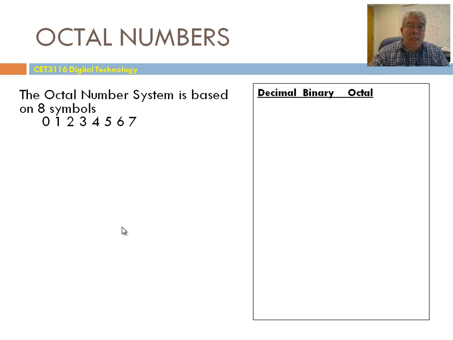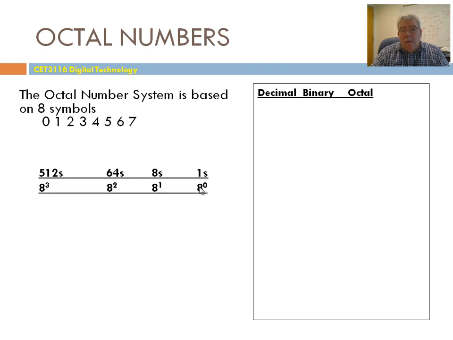R minus 1, in this case R is 8, so R minus 1 is going to be 7. So we can use all digits between 0 and 7. All right. So in this case, we will be using numbers in power of 8, because that's the radix we're using.